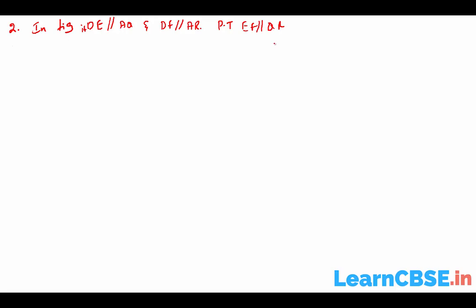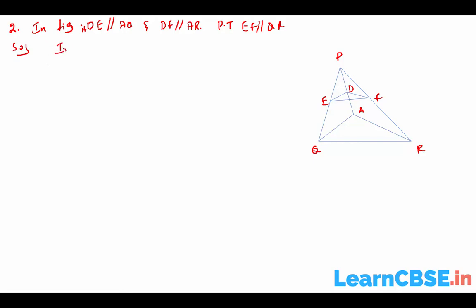Now get the figure first. PQR triangle, it is A, D, E, F.